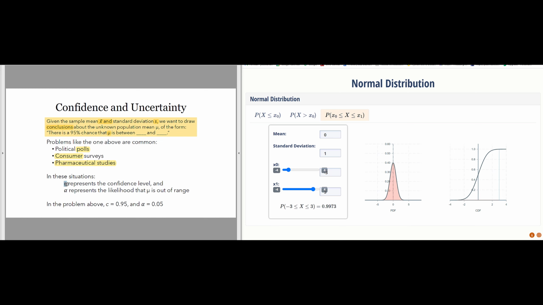We use the letter C to describe the confidence interval. So the confidence interval, the way we frame this question here, would be 95%. And we use the letter alpha to describe the region outside of the confidence interval.